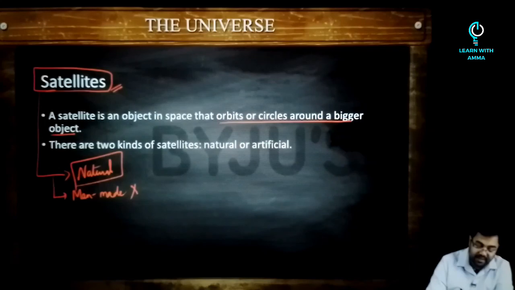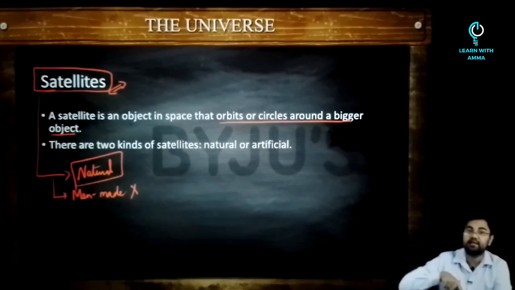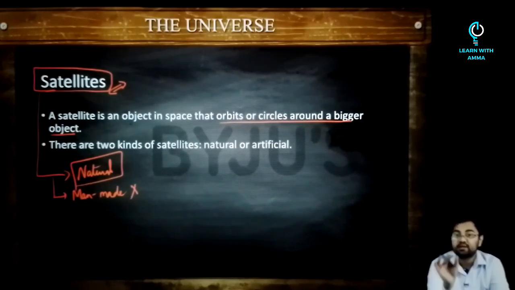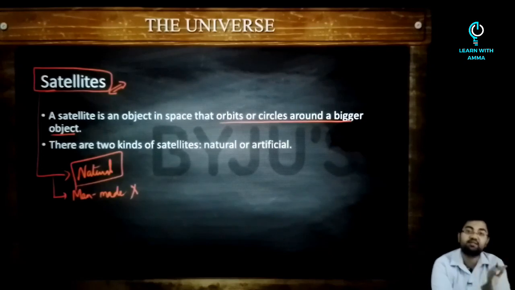So for general understanding, when we discuss satellites, we are talking about the celestial objects which are revolving around any planet. But by definition, a satellite can be any celestial body that is revolving around any other celestial body in the universe, right?